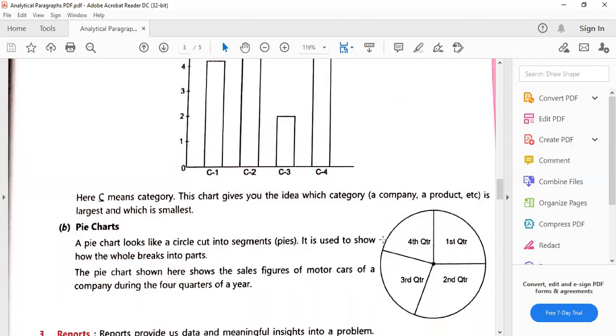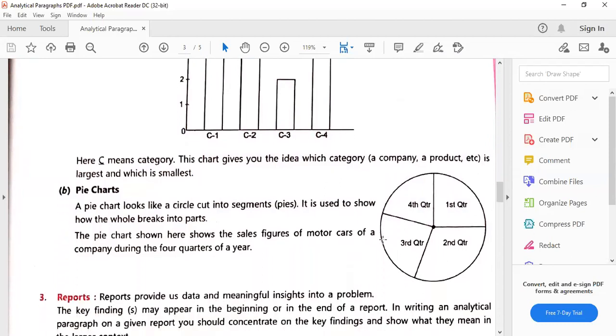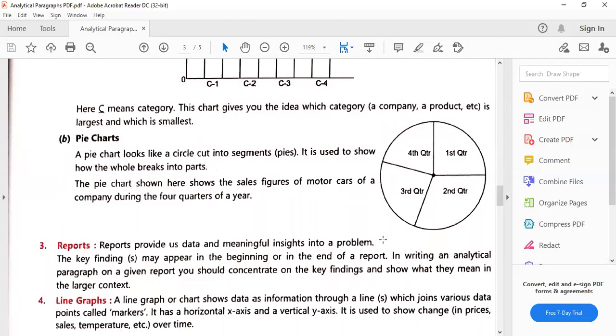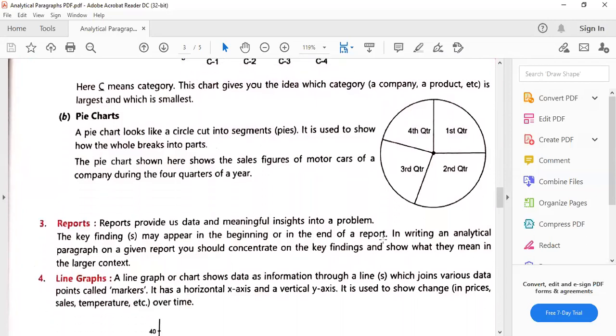Then pie charts. A pie chart looks like a circle cut into segments, that is pies. It is used to show how the whole breaks into parts. कि पूरे part को कैसे divide किया जाता है parts में, ठीक है? The pie chart shown here shows the sales figures of motor cars of the company during the 4 quarters of a year. 4 quarters हो गए, ईयर के 4 हिस्सों में एक साल को काटा गया, और हर क्वार्टर की जो कार्स की सेल थी वो बताई जाएगी इसमें, जैसे फर्स्ट क्वार्टर, सेकंड क्वार्टर, देन थर्ड क्वार्टर एंड फोर्थ क्वार्टर.